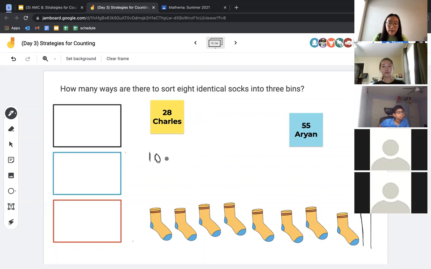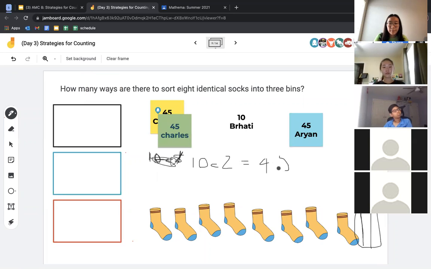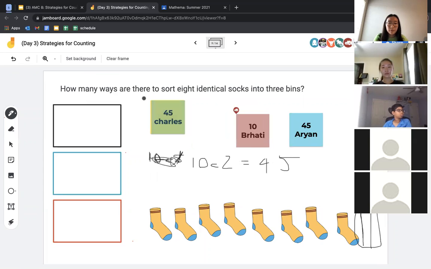So we're gonna do 10 choose the number of dividers, 10 choose 2, which equals 45. So there's 45 ways to sort these socks.